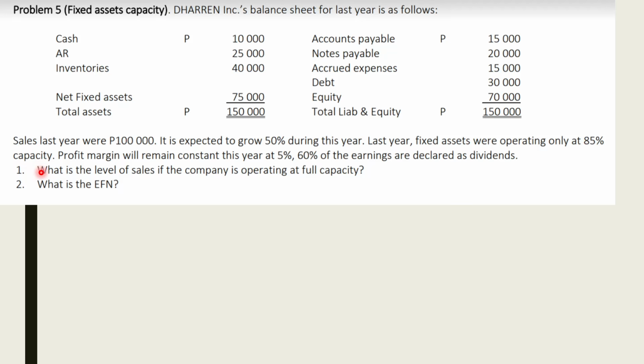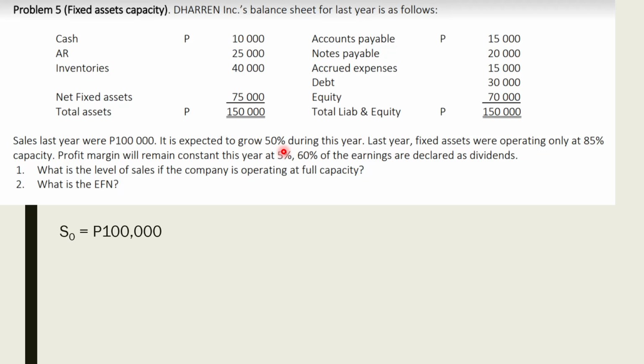What's the level of sales if the company is operating at full capacity? Accordingly, last year, sales of 100K only consumed 85% of the capacity. This coming year's sales would be 100,000 times 1 plus 50%, 150,000.